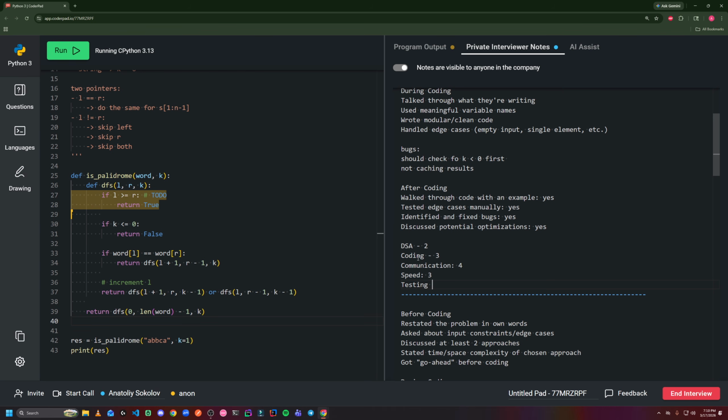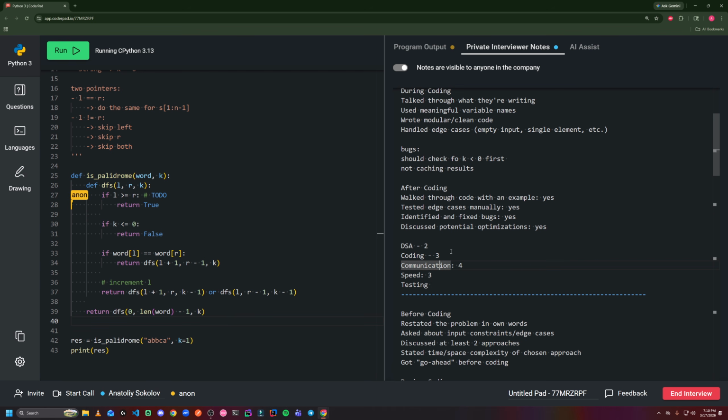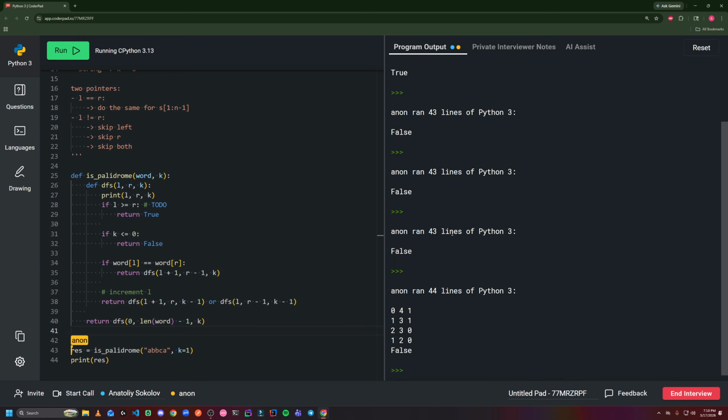I suspect the bug is in this clause, but I'll just double check. I think that print should give you what you need. Have any ideas?